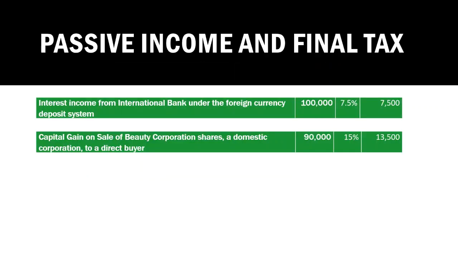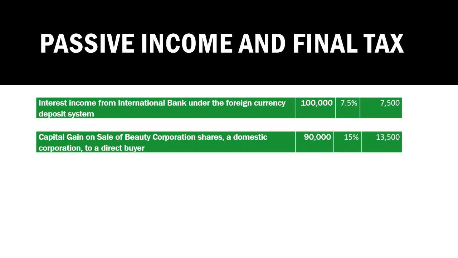In the case of the interest income from international bank under the foreign currency deposit system, it is not subject to RCIT because it is already subject to final tax of 7.5%, which is 7,500, or 7.5% of 100,000. And the capital gain on sale of beauty corporation shares, a domestic corporation, to a direct buyer is 15% of 90,000, which is 13,500.